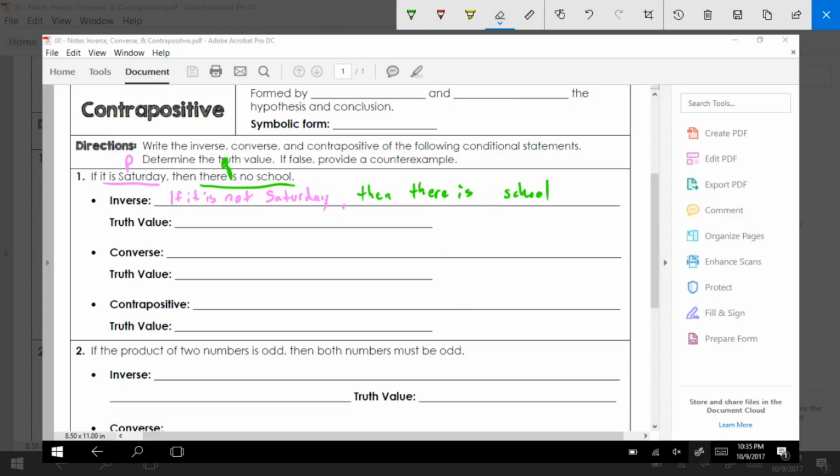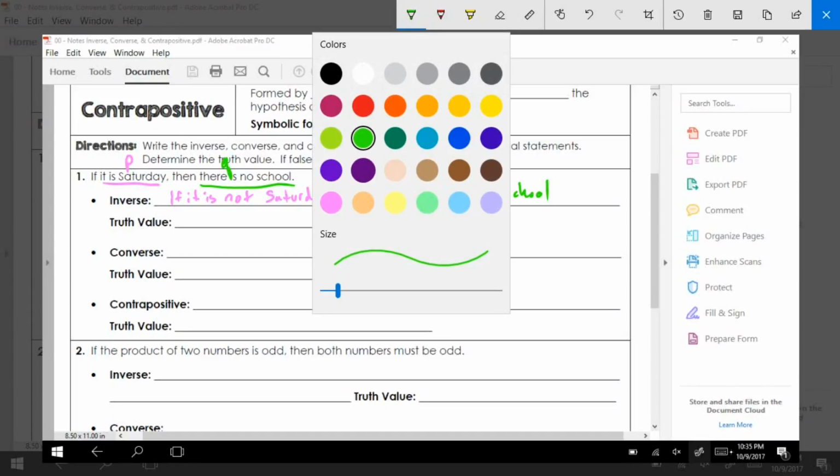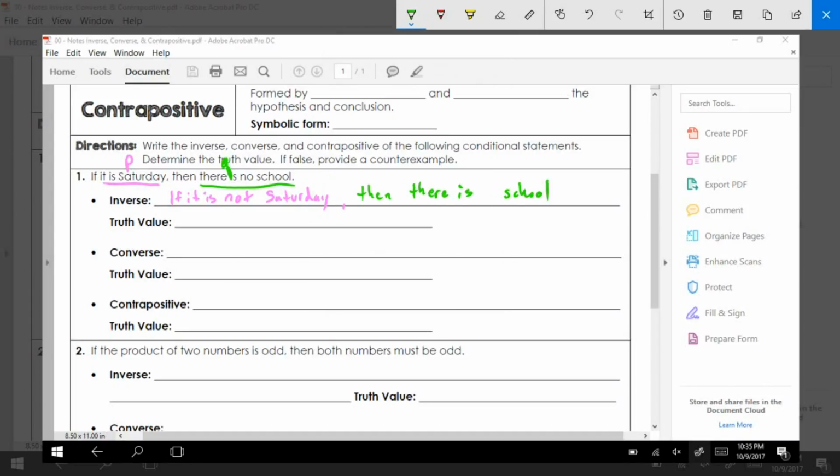All right, so that is the inverse. Now, is this true? Now think about it. If it is not Saturday, then there is school. Is that always true? No, because what about Sunday? Do you go to school on Sunday? Maybe you do, but there's technically no school on Sunday. So false and Sunday is our counterexample.